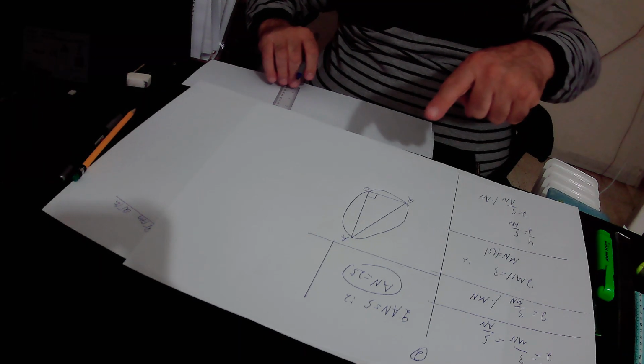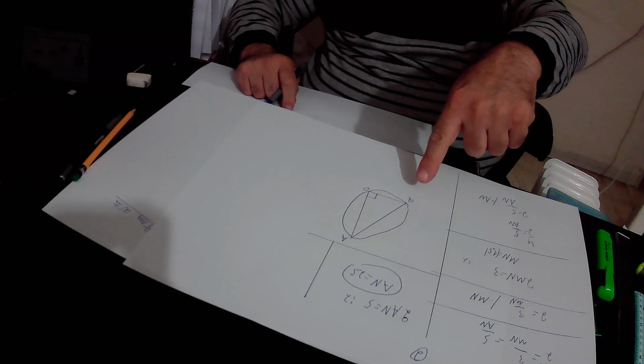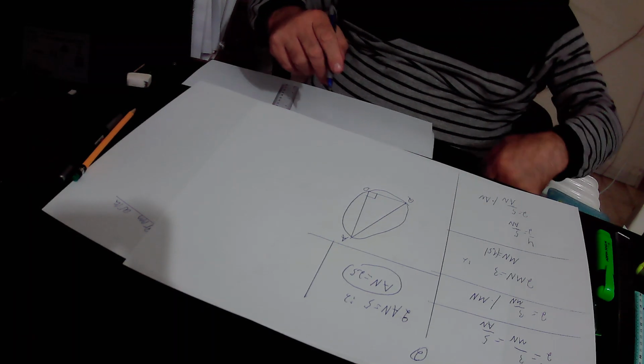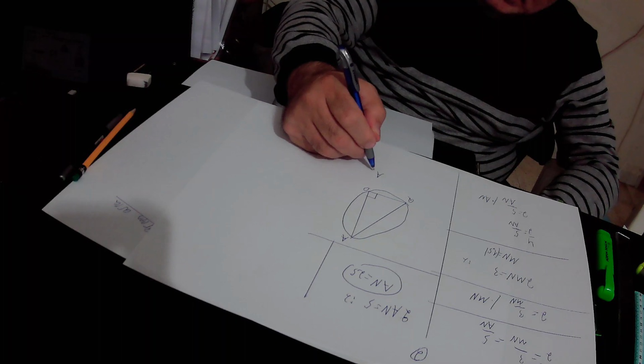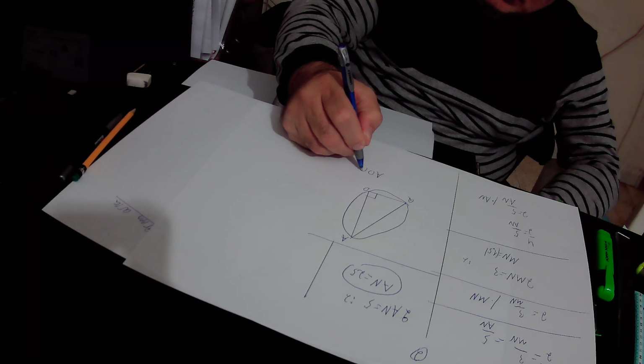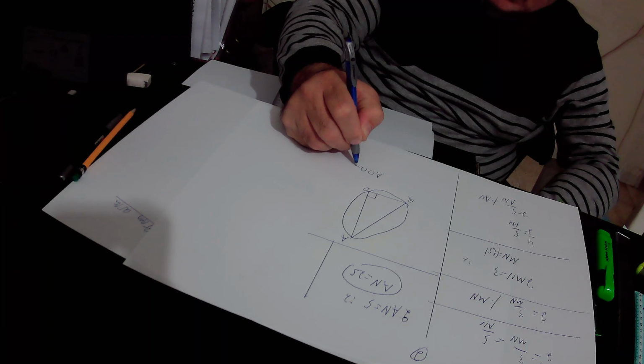So peripheral angle AOQ is equal to 90 degrees. Write it down. Peripheral angle AOQ equals 90 degrees.